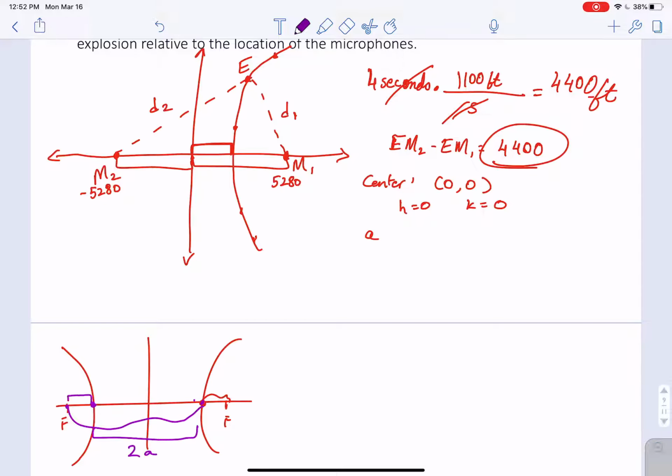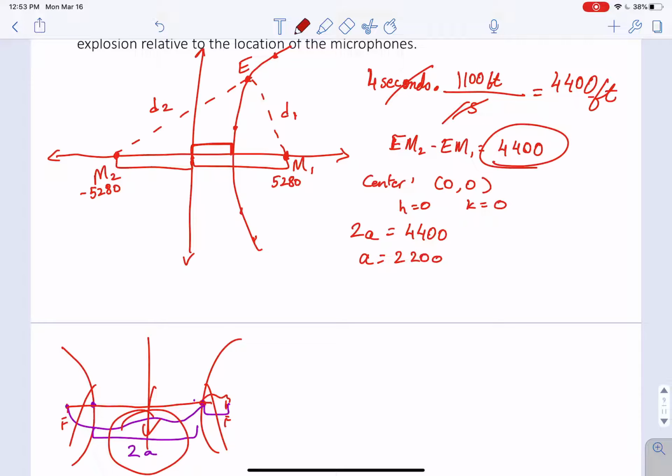When I subtract these distances, that extra bit goes away, which means the only thing left over is the 2a, because those cancel out when I subtract. So that constant distance is the 2a length. So I know that 2a is 4,400, which means a is 2,200.